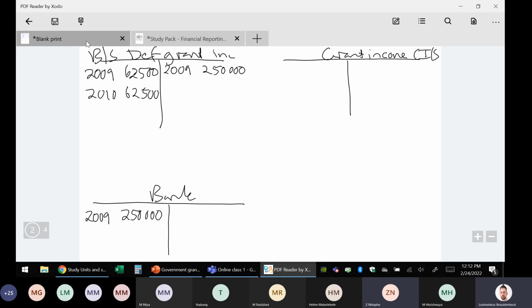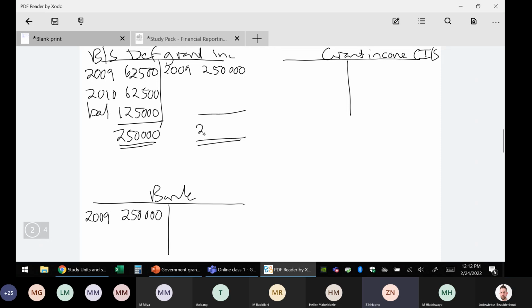All right, then we have a balance after the first 2 years, and it will be 125. And that's half because 2 years of the 4 years have passed. And the balance is 125.